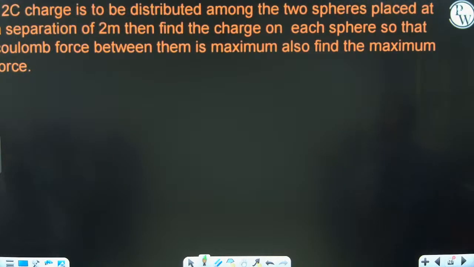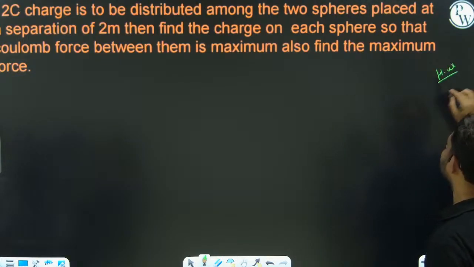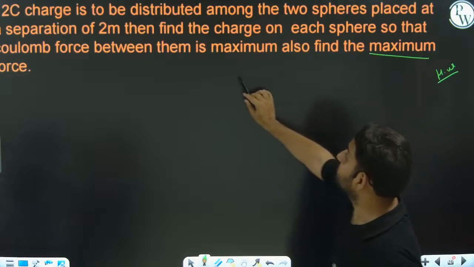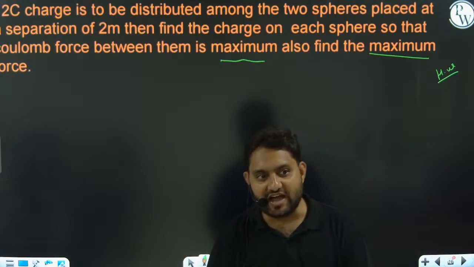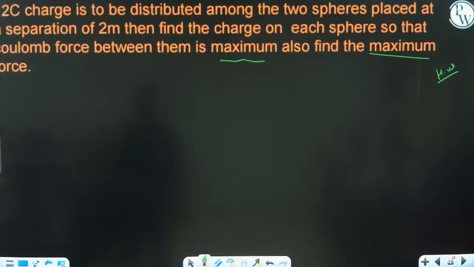Note down this question. This is also in homework. This is a very simple question, beta. It is asking for the maximum force. Maximum force is only when the charges are equal. Charge is equal means 12 coulomb is divided into two charges, 6 coulomb and 6 coulomb. The 12 coulomb charge can be distributed in any way, but the force will be maximum when both charges are equal.